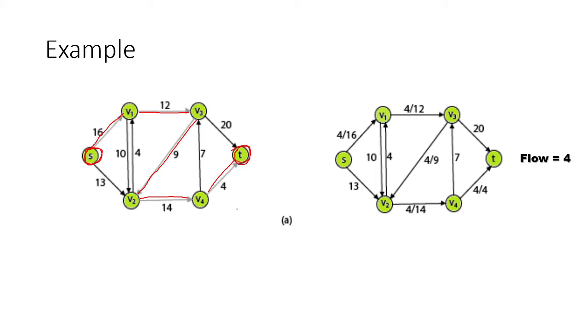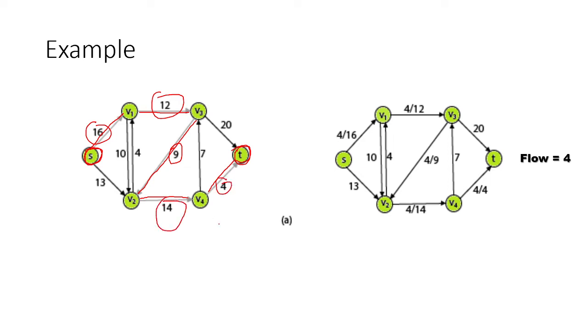The minimum flow, or bottleneck capacity, of this path: this is 16, this is 12, this is 9, this is 14, and this is 4.